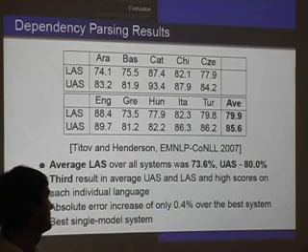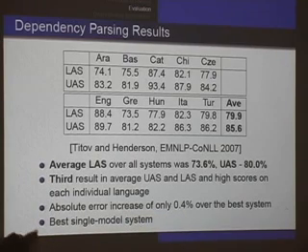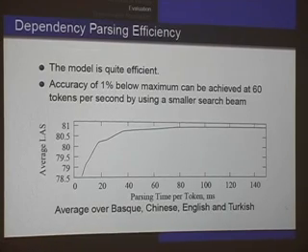There were only two better models, and those were both multi-version systems. They were combinations of multiple models, which you can always get improvement by combining. So we were the best single model system. In that sense, we have the best single model dependency parse.